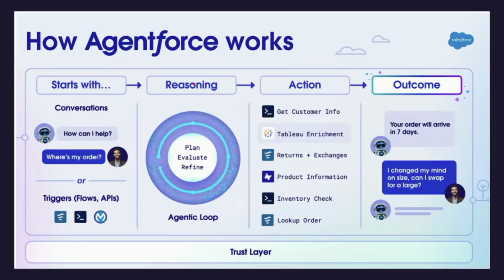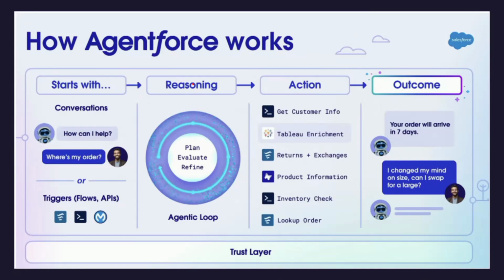Moving on, let's understand how Agentforce works. You can initiate a conversation just by launching a chat window, or it can be an event which can trigger a flow or API or Apex class, right? So the agent purely works based on what it knows and what it can do.